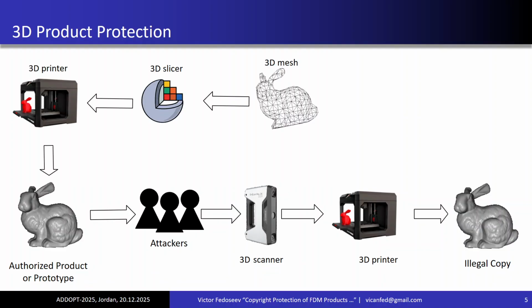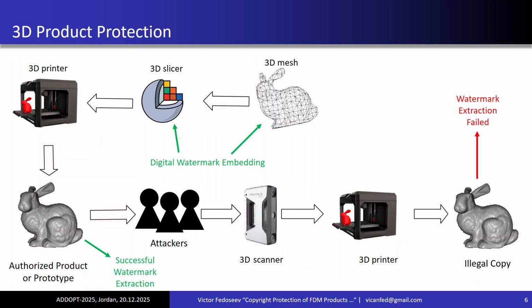Previously, usually we have a 3D mesh model and slice this 3D model to G-code using any 3D slicer, and then we print it using our 3D printer. And at these stages, we can perform some protection. We can embed a digital watermark into the 3D mesh or into the G-code.